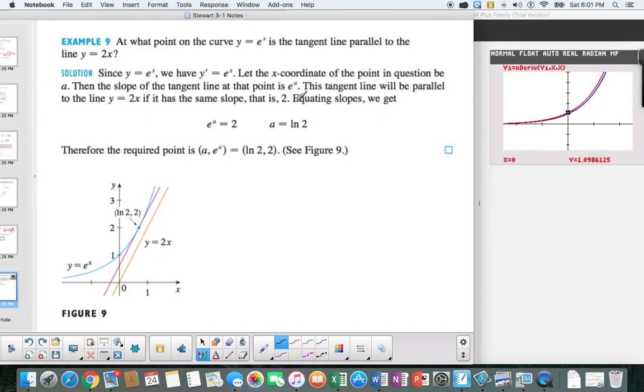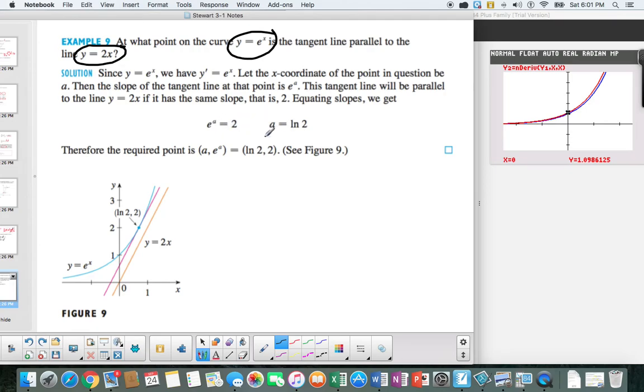All right, let's take a look at what point on the curve y equals e to the x is the tangent line parallel to y equals 2x. So we want to compare the slope of this function with the slope of this function. So we're looking for some value a, we know that e to the a, because the derivative of e to the x is itself, equals this slope.